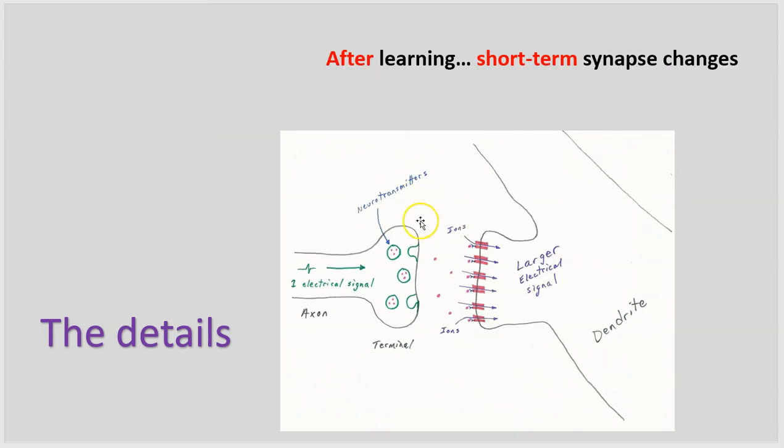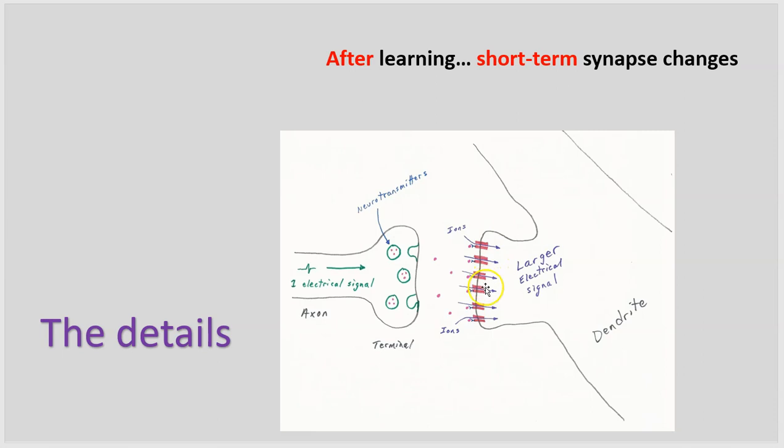Now, what happens after learning? Well, remember, these are living cells. They can respond to events in their environment. What's going to happen here, immediately after learning, the target cell is going to insert some extra channels in the membrane of the spine. Remember, this is the spine, a little outgrowth of the dendrite.